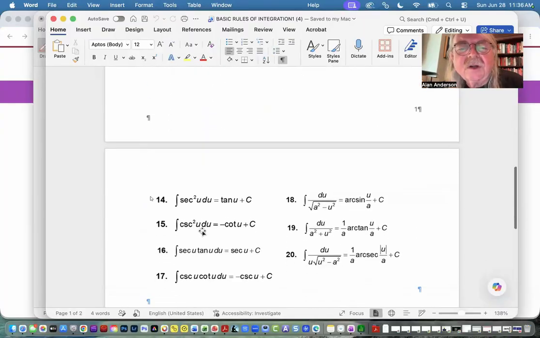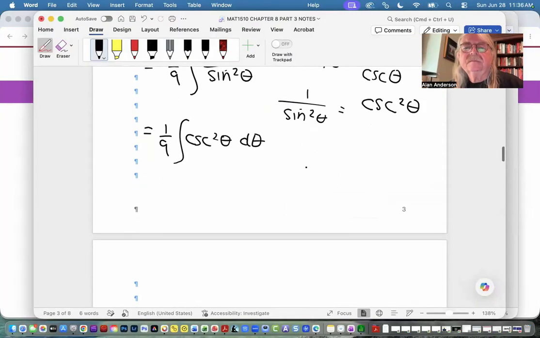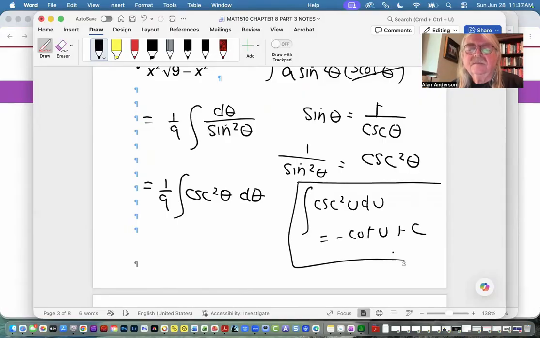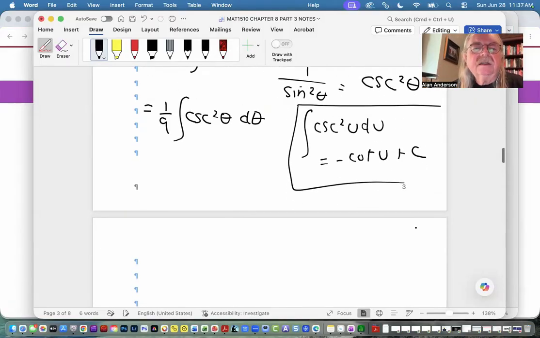The integral of cosecant squared u du is negative cotangent u plus c. Well, that's quite helpful. So let's do that.